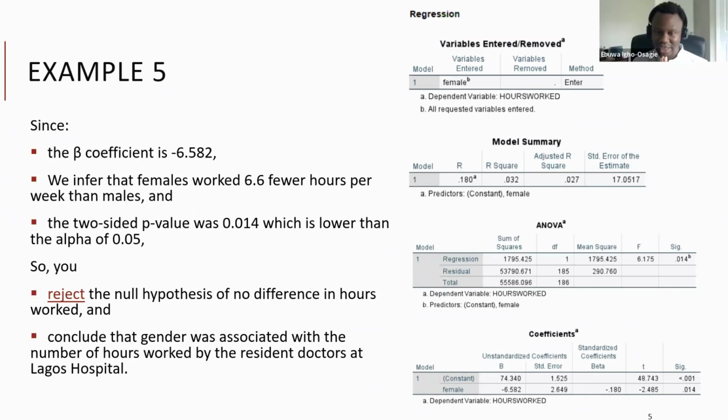Per week, right? Less than who? Who's the others? Less than the male gender. Exactly. And what can you say about this quantity? Should we believe it or should we not believe it?